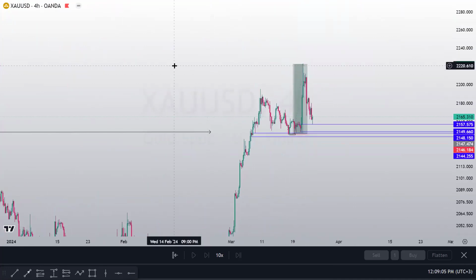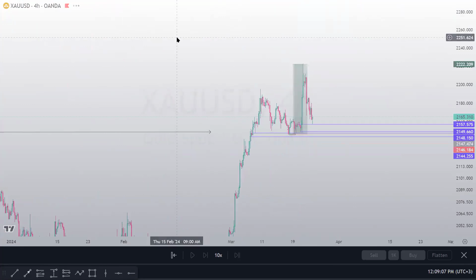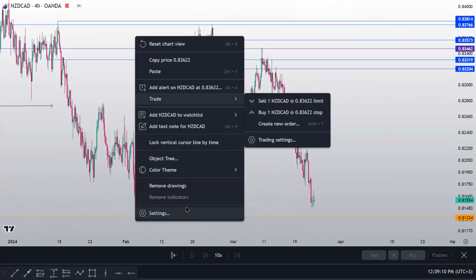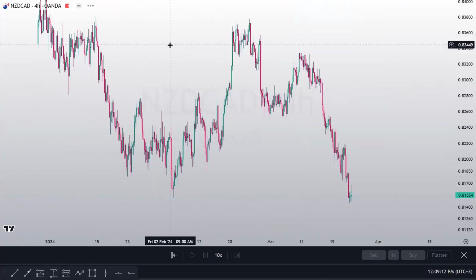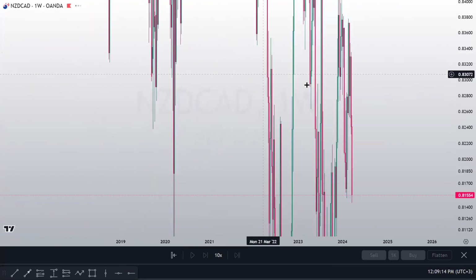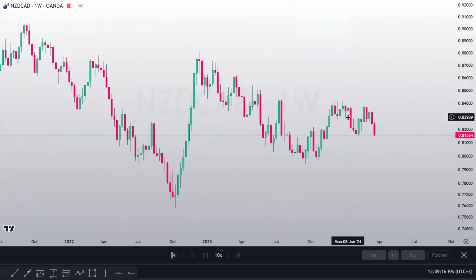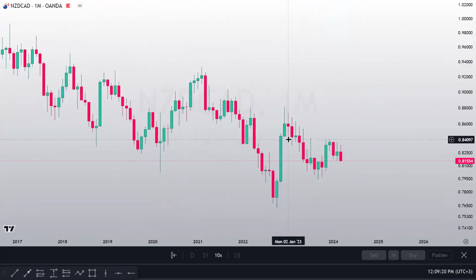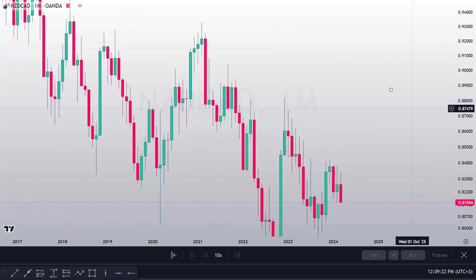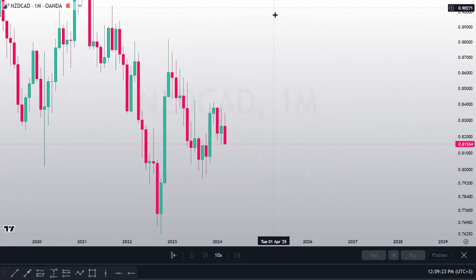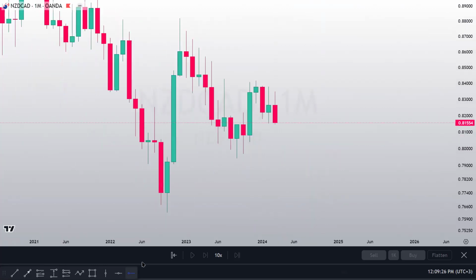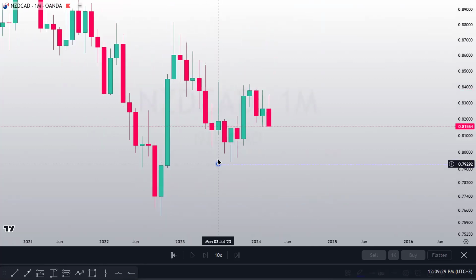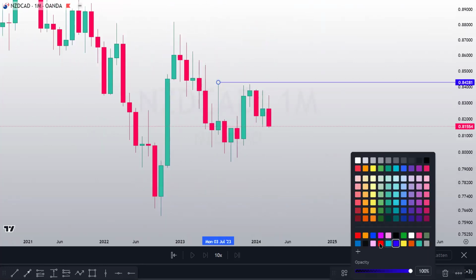So that's that. Speaking of another pair that you actually took, this was based on the NZDCAD, and this was the very, very clear pair to take. Very, very clear pair for you to trade. Speaking of the monthly time frame, I am having this as my current and dominant area of liquidity till today, till now.